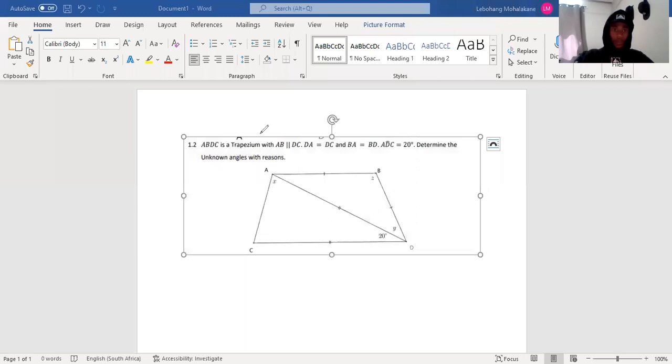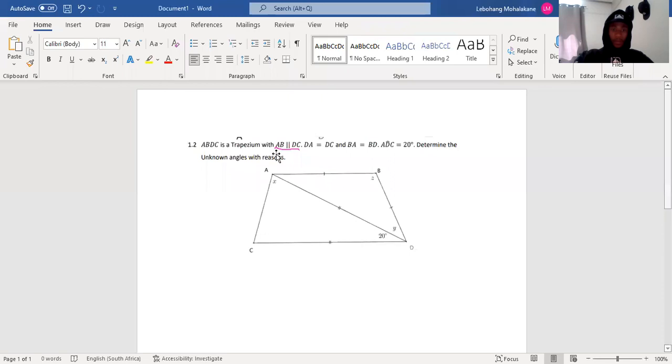If you can look at this, you're given a trapezium. You're given that AB is parallel to DC. Here's AB. AB is parallel to CD, so this is going to be parallel to this.